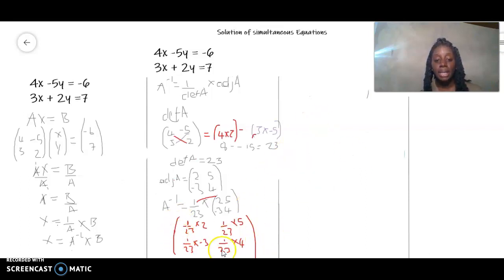Alright, so I can tidy this matrix to have A inverse equal to: 1 over 23 times 2 would be 2 over 23. 1 over 23 times 5 would yield 5 over 23. 1 over 23 times -3 is -3 over 23.